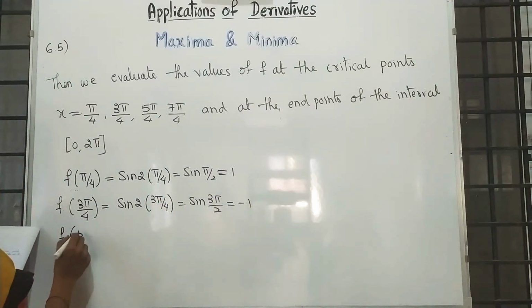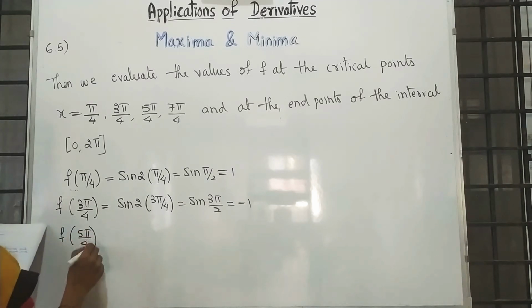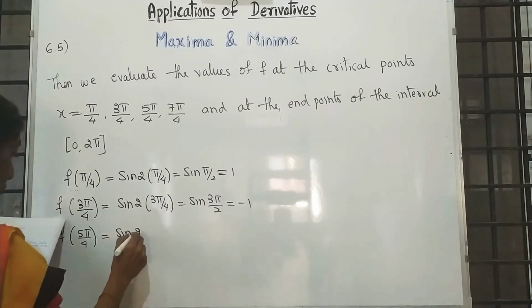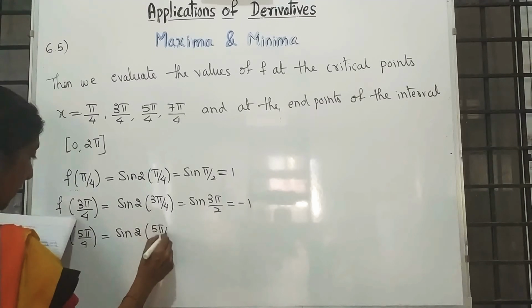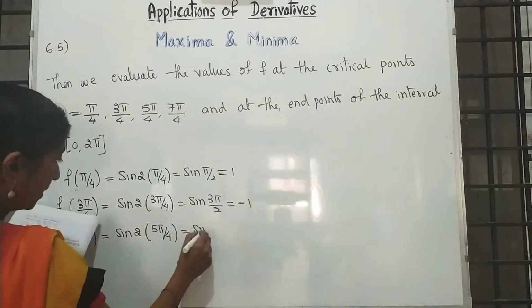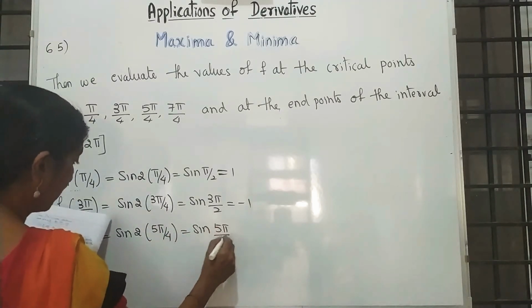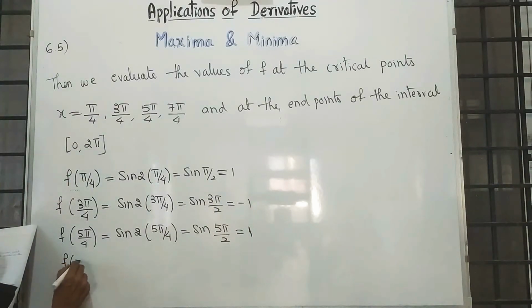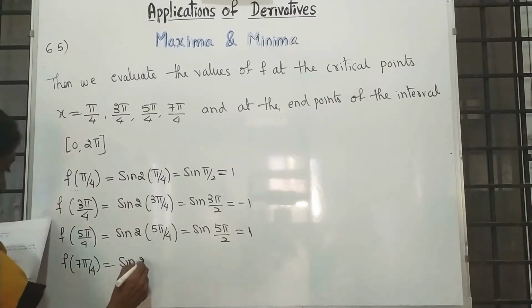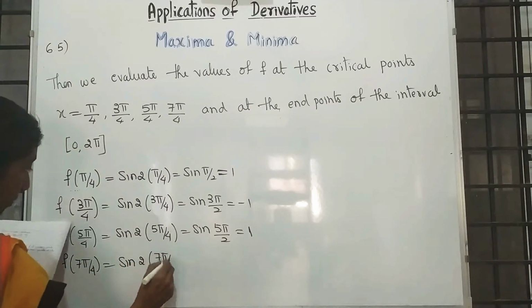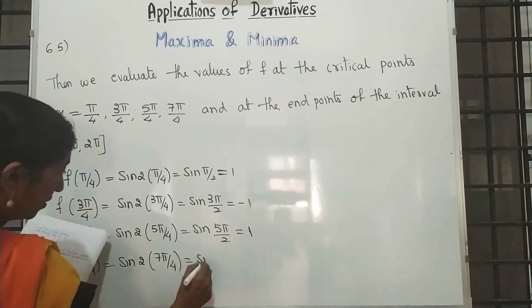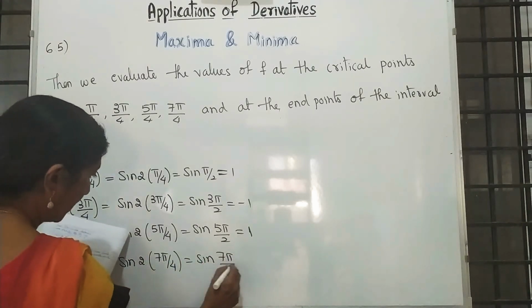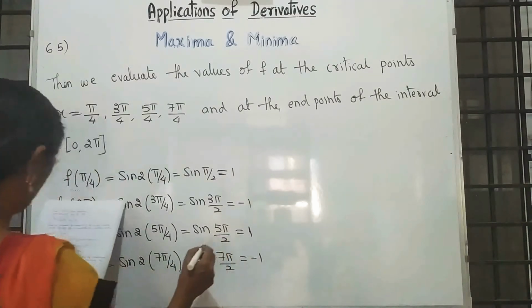Then f of 5 pi by 4, sin 2 into 5 pi by 4, that is sin 5 pi by 2, that is 1. Then f of 7 pi by 4 is equal to sin 2 into 7 pi by 4, that is sin 7 pi by 2, that is minus 1.